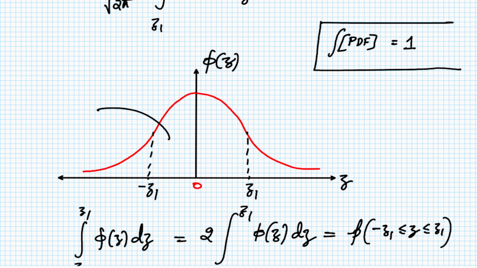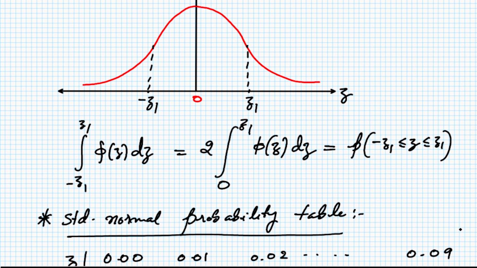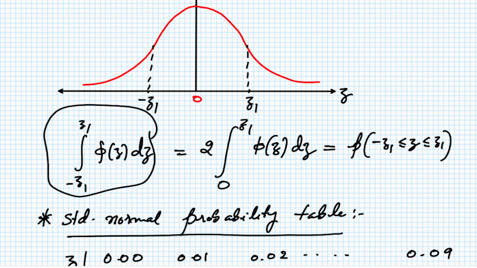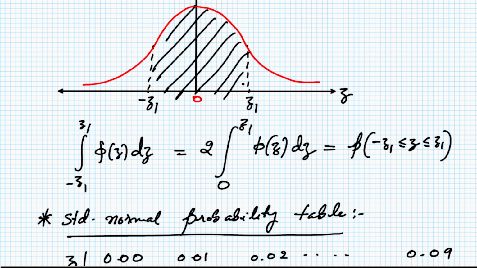Let's move ahead to the second part. Because the function is symmetric, I can use another property of symmetric or even functions. Let us say I want to find the integral from minus z1 to plus z1 of phi of z dz. I am supposed to calculate this whole area, which I am marking in color.